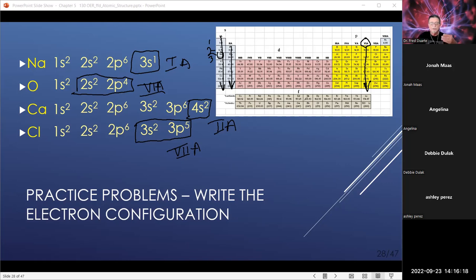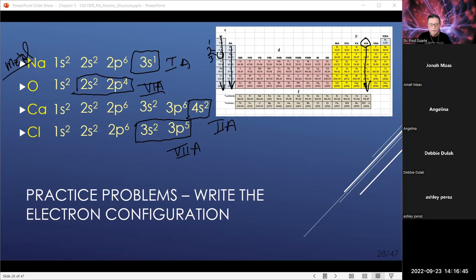All right. This is also going to explain why metals want to lose electrons and why non-metals want to gain electrons. Now think about this. Look at sodium. Sodium is a metal, and as I stated before, put in long-term memory, metals want to lose electrons.